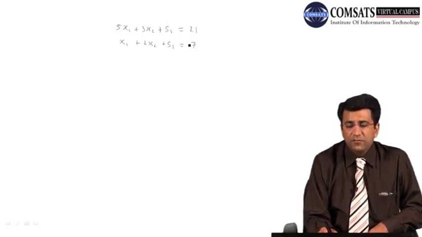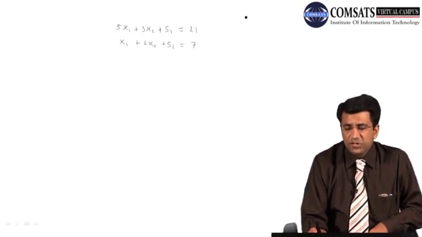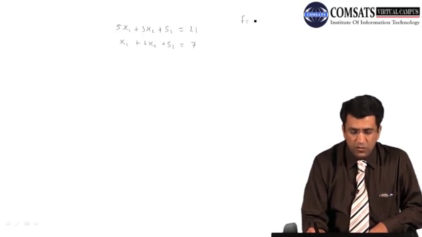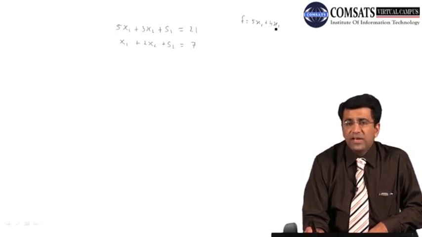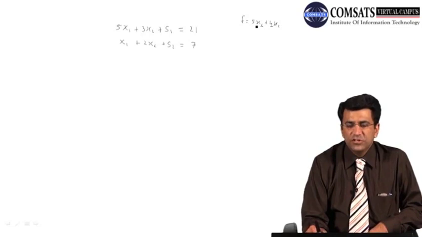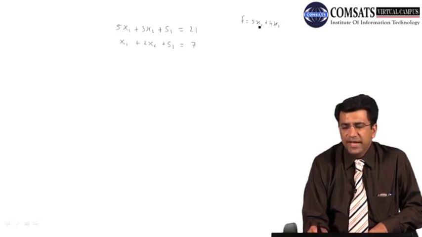Now class, we have our objective function as f is equal to 5x1 plus 4x2. We will rewrite this objective function in the homogeneous form, the form in which these two equations have already been written. It means we will move x1 and x2 to the left hand side of this equation, so we get the constant value on the right hand side.